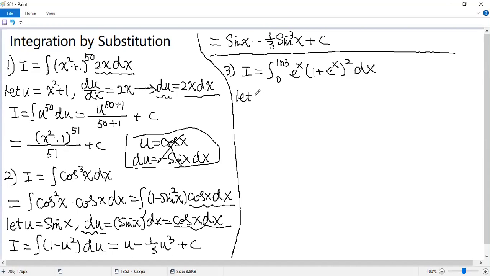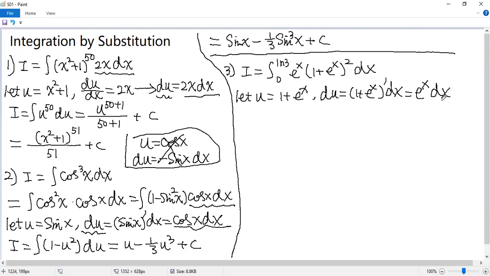So let u equals 1 plus e to the x. Then du equals the derivative of 1 plus e to the x, times dx, which is 0 plus e to the x. So equals e to the x dx.